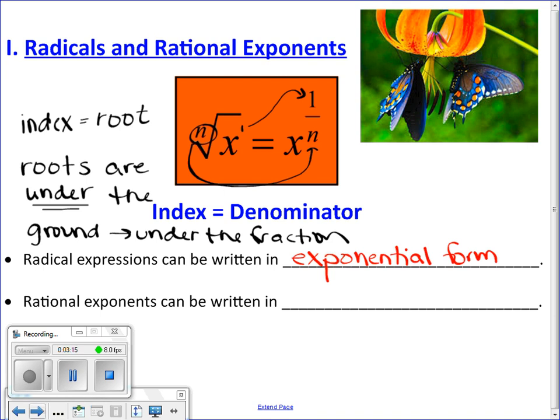And then rational exponents can be written in radical form. Yes, it's totally radical, dude. So our main focus for right now is switching back and forth between the two. Again, I'm not simplifying, I'm not solving anything, I'm just practicing going back and forth.